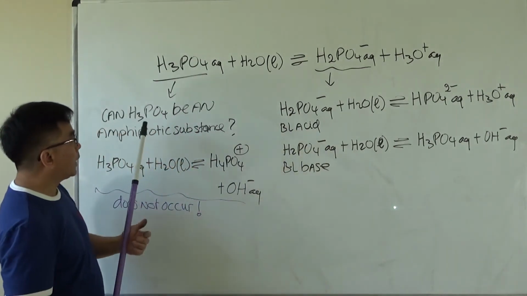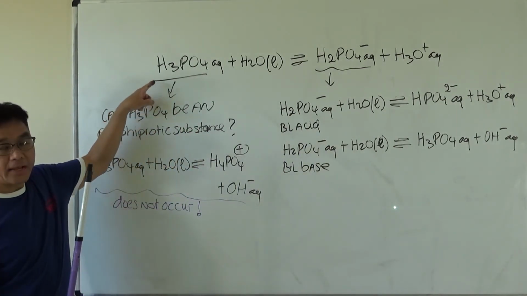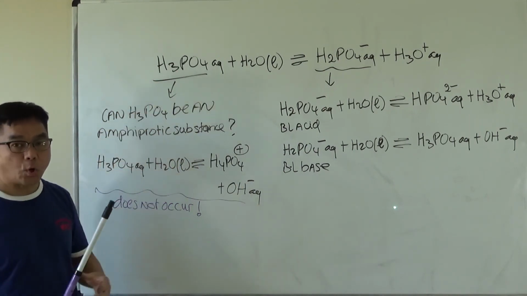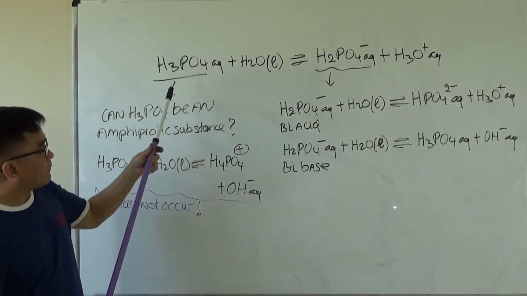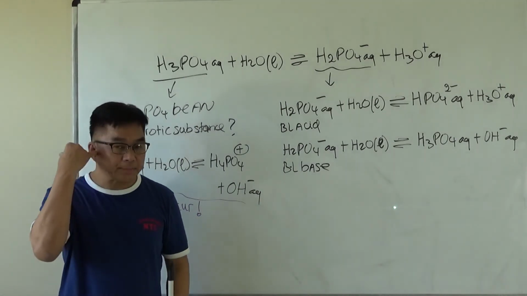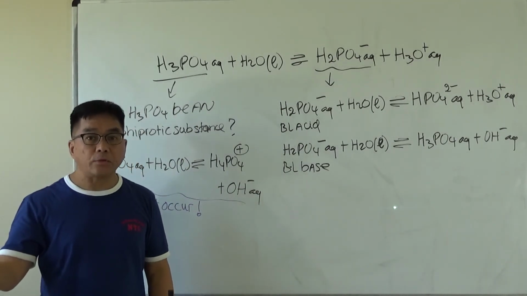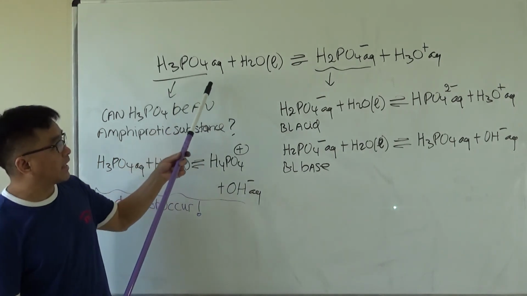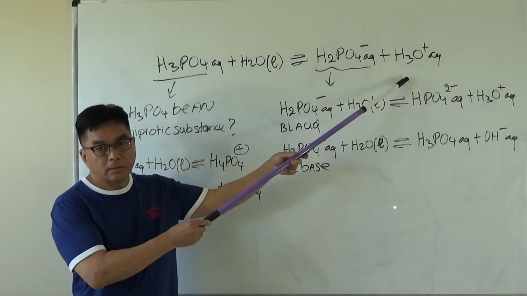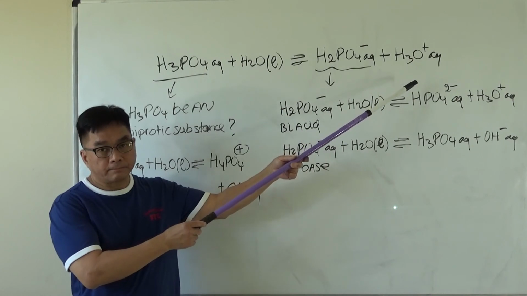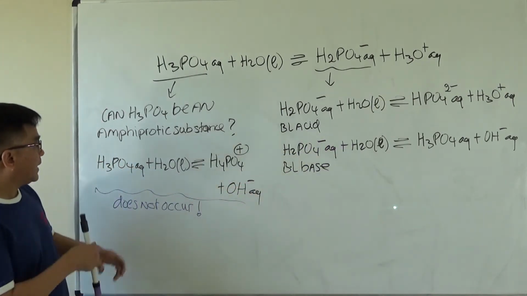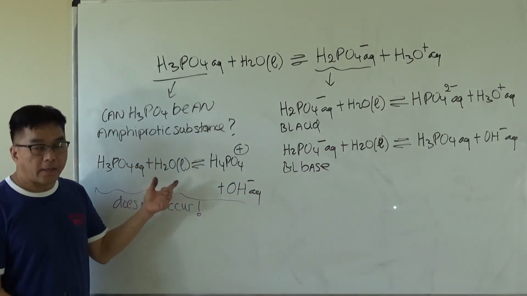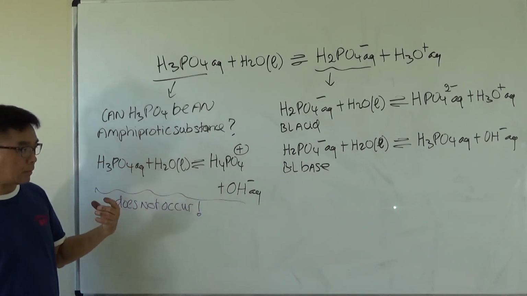Now the question is, can phosphoric acid act as an amphiprotic substance? To be an amphiprotic substance, you have to be able to donate a proton and accept a proton. Obviously, phosphoric acid can donate a proton to the solution, or to the water. But to be amphiprotic, it must be able to accept a proton also.